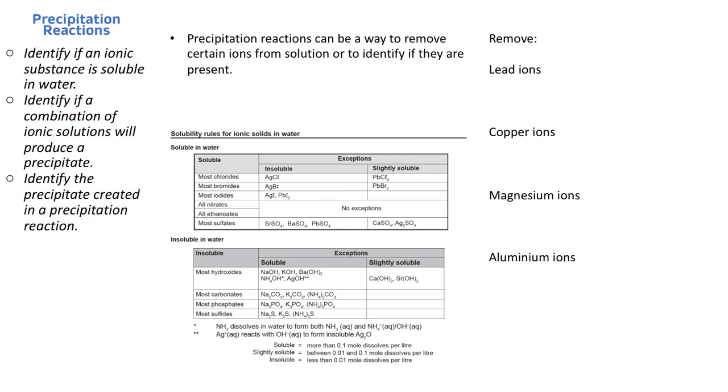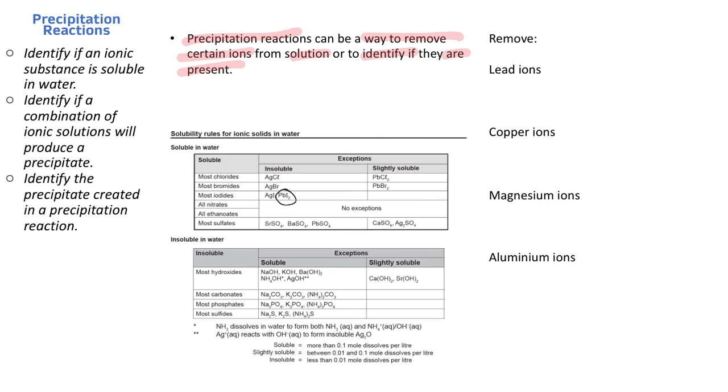Okay, and precipitations can be useful. This type of reaction can be useful to remove certain ions from solution or identify if they are present. So if you want to find out if you have lead ions, you might be able to do so by putting it with something that will precipitate with lead ions. We know that lead will precipitate with a whole bunch of stuff.